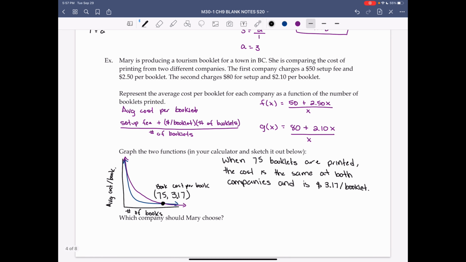So last part, which company should Mary choose? Well, it depends on if she's printing less than 75 booklets or more than 75 booklets.